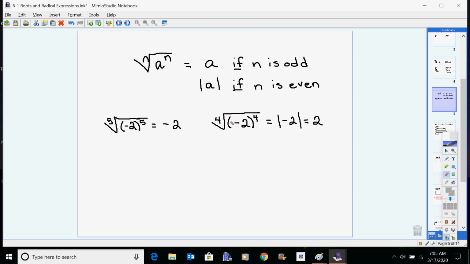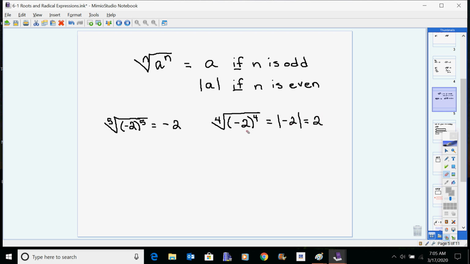The thing that gets different in that is that if you have an even root, in other words an even index, like 2, 4, 6, and then you're trying to take that root of this number to a power, you need to take the absolute value of whatever this number is. So the absolute value of negative 2 would give you positive 2.